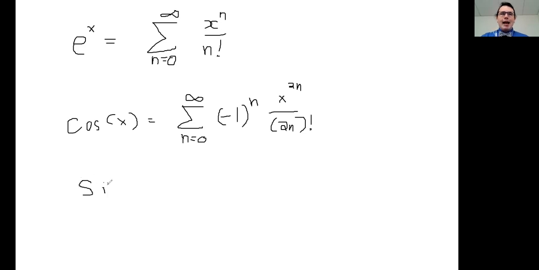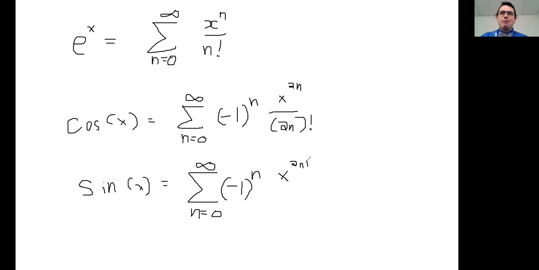And third, I'll have the sine function. So similar to the cosine function, the sine function I know is an odd function. And when I take the Maclaurin series, I'll only have odd powers of x showing up.